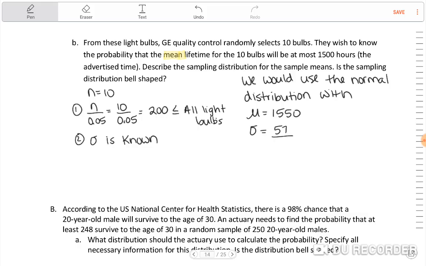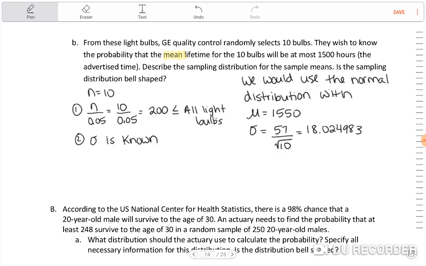But you would put that over the square root of 10. So you guys remember that? We'll read that from chapter 8 for the sampling distributions. That's because it talks about the mean lifetime. So this is what you would put in your calculator. But if you wanted to give a number, that would be 18.024983. Okay. And of course, these are hours.